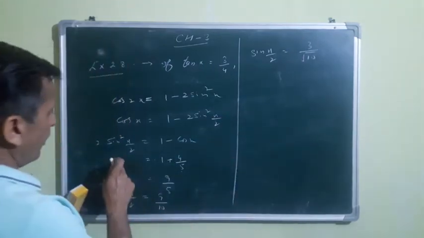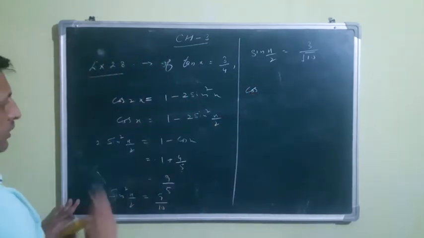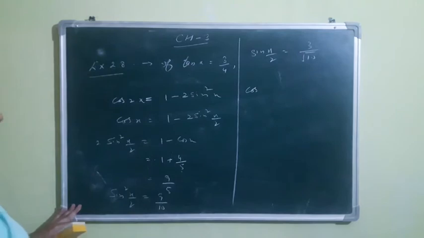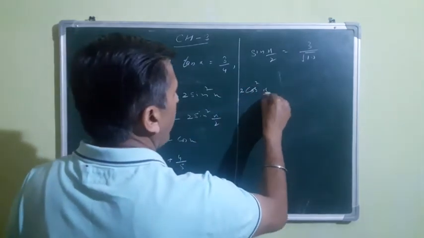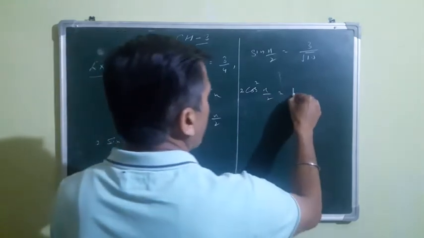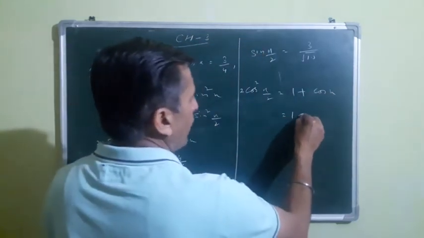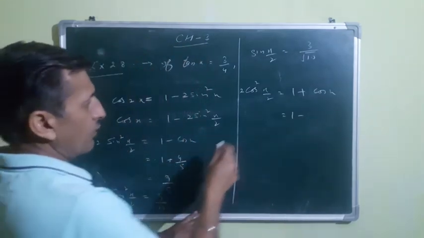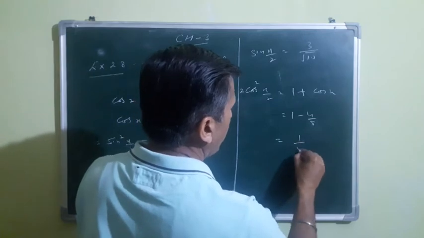Similarly, if you want to find cos x by 2, once again we have to use the same identity. In this case, 2 cos square x by 2 is equal to 1 plus cos x. And in that case 1 plus the value of cos x, that is minus 4 by 5, so 5 minus 4 is equal to 1 by 5.